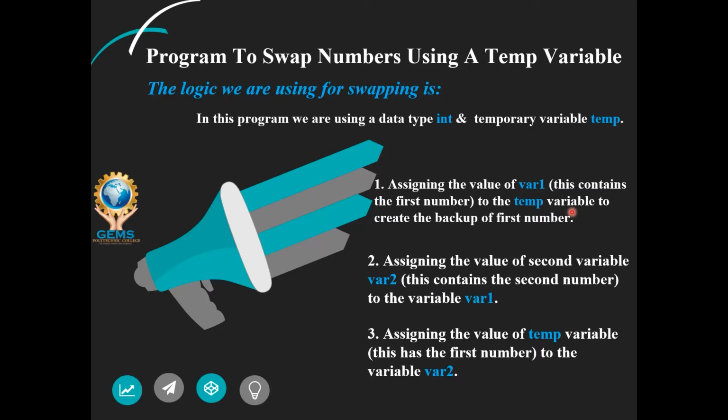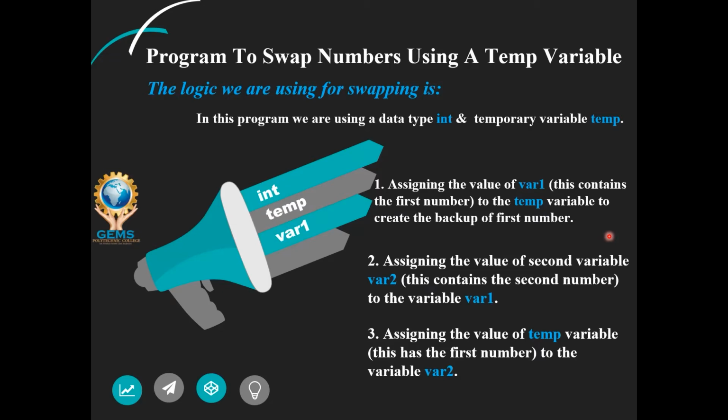So we are using here a data type called int. Int is a data type. That means we are going to use the integer value. Then a temporary variable we named as temp.